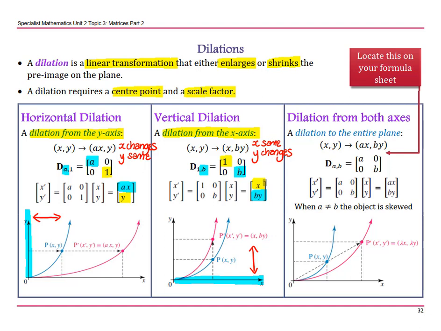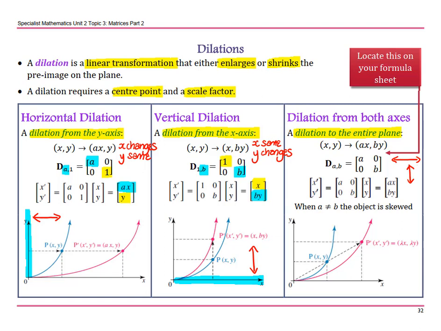Now, if we have a dilation from both axes, it's a dilation of the entire plane. So you've got an x, y change. You've got to change horizontally and you've got to change vertically.